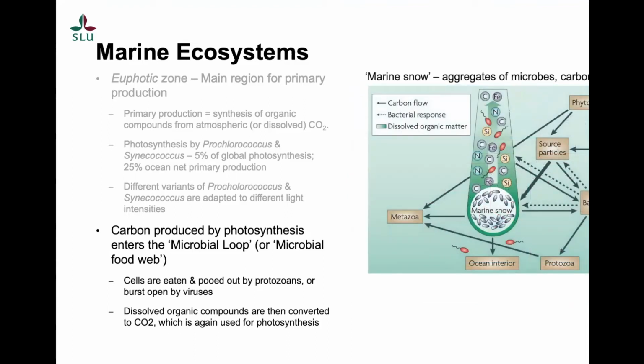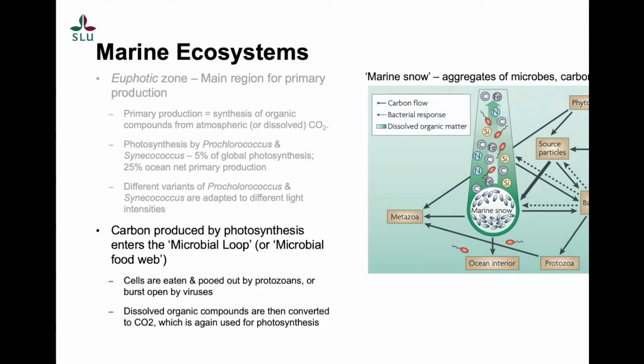And another really interesting aspect about marine ecosystems, maybe people have heard this term, marine snow. So when you have all this carbon and all these dead cellular particulates, you have fecal matter coming from all different macroorganisms.